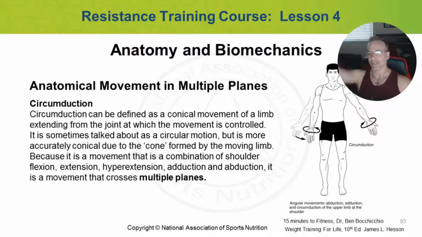Here's the point, and then we're making a circle at the end of our arm with our hand. That is circumduction, and that occurs in multiple planes because it has a little bit of flexion, extension, hyperextension, and abduction in it. It has all those movements wrapped into it in one, and it's an angular movement, and it's called circumduction.